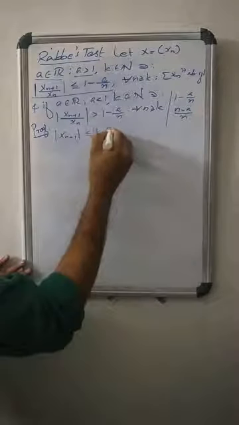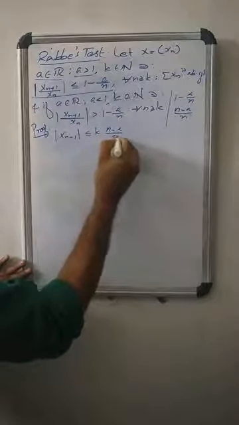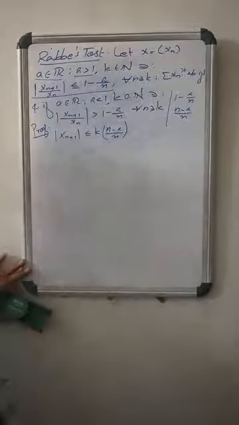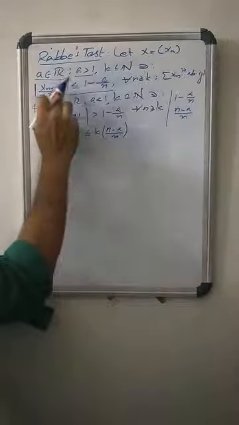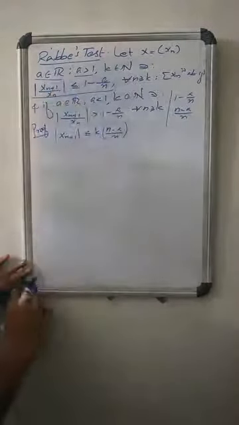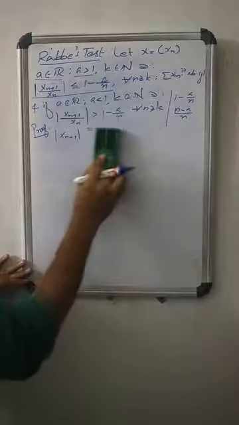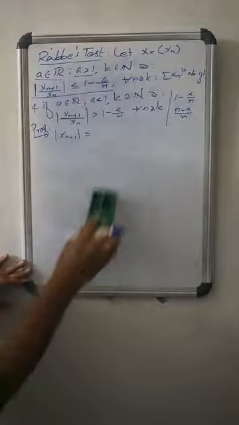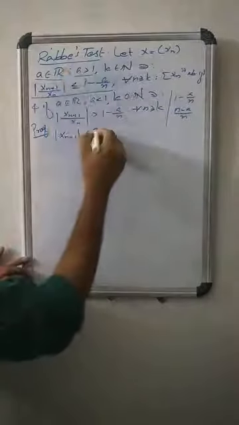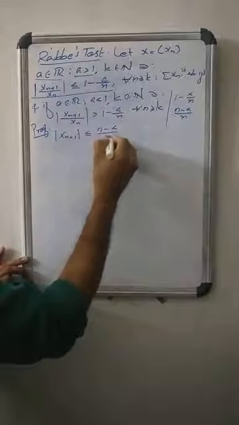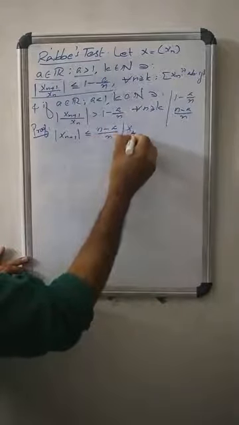So modulus of xn plus 1 less than or equals n minus a by n into modulus of xn.